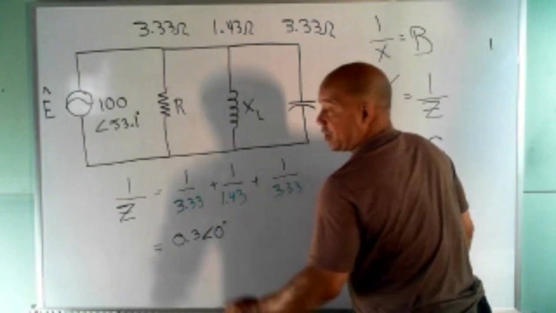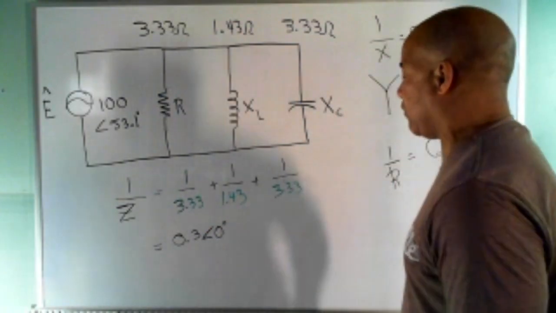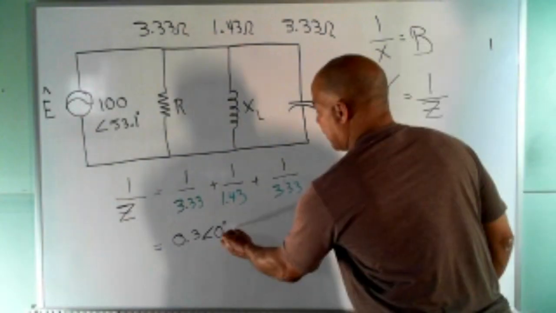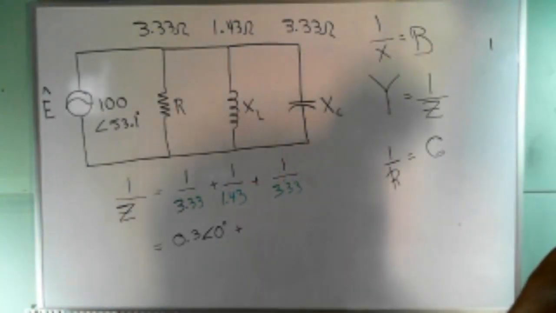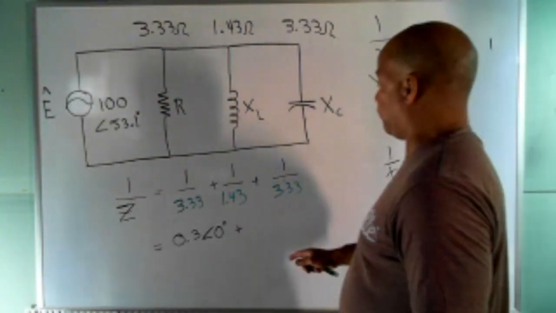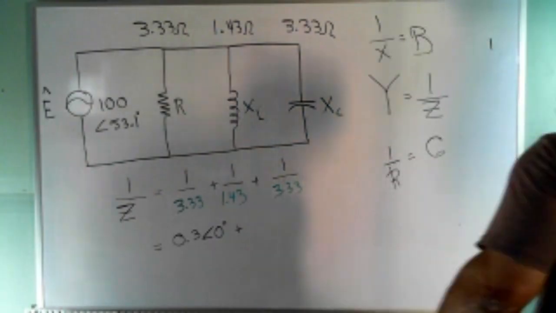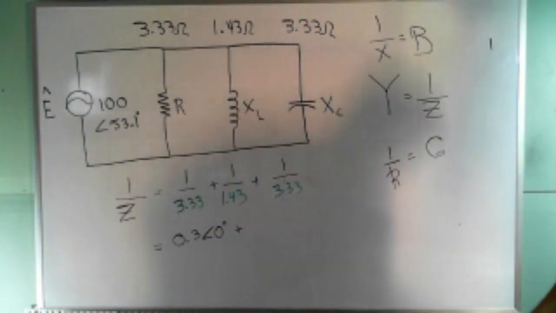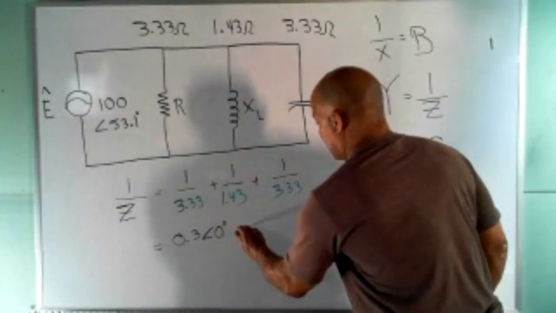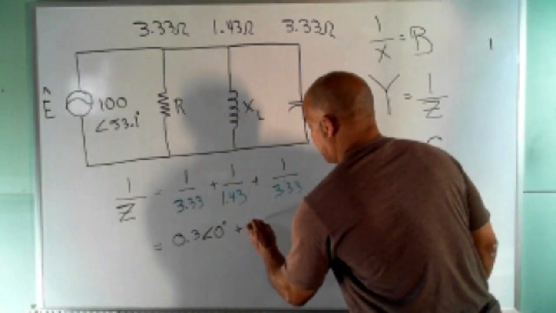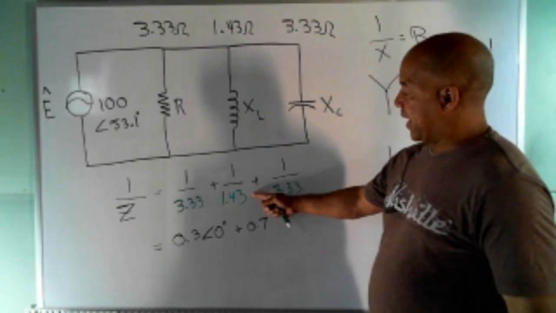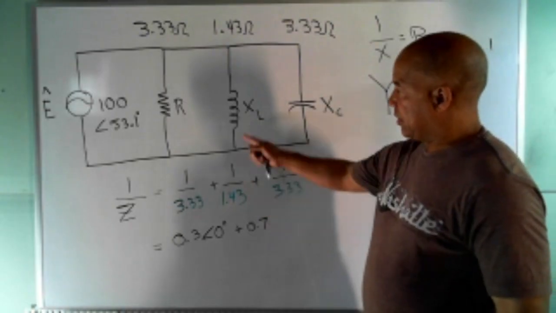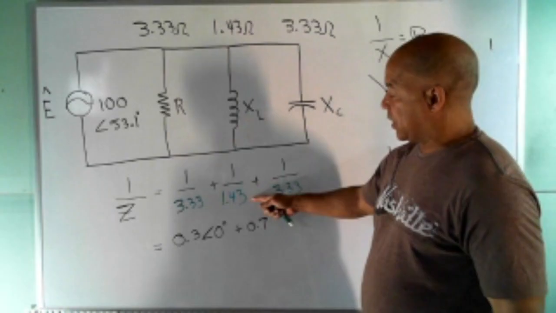If you actually work this out, see if this agrees with the answer you got. 1 over 1.43, I got about 0.7. I guess I can round it to 0.7. But that angle here, since it's an inductor, is a positive 90.